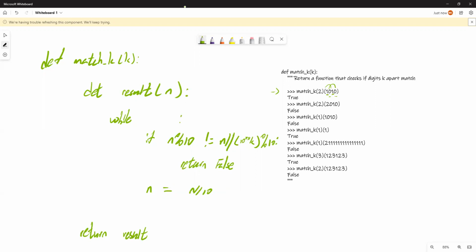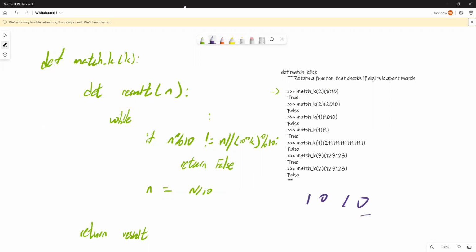So what is the condition here? First of all, we have to stop checking at a specific position. Let's look at the first example here: 1, 1, 0, 1, 0.